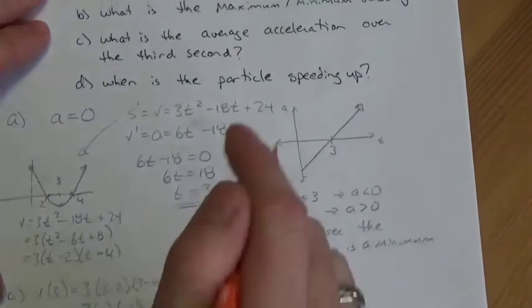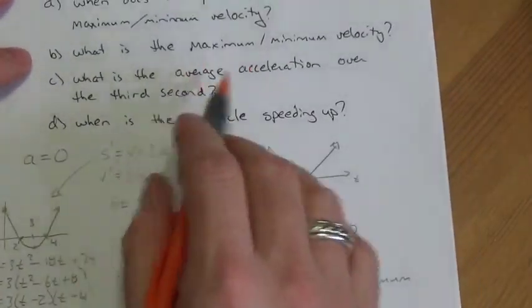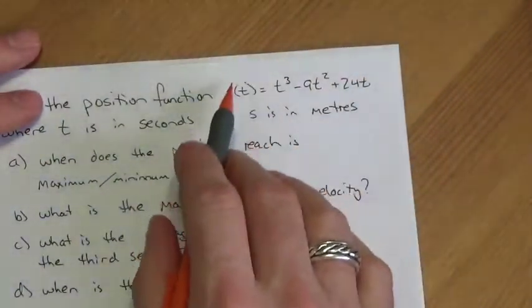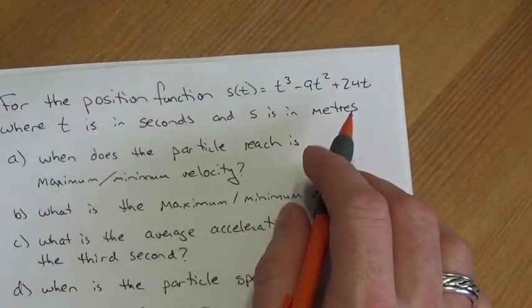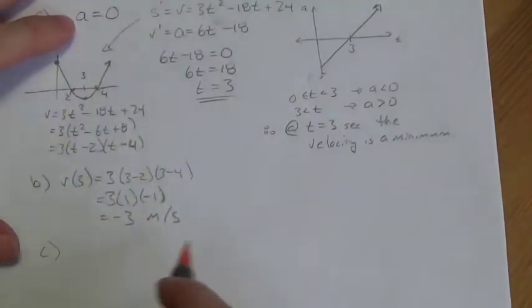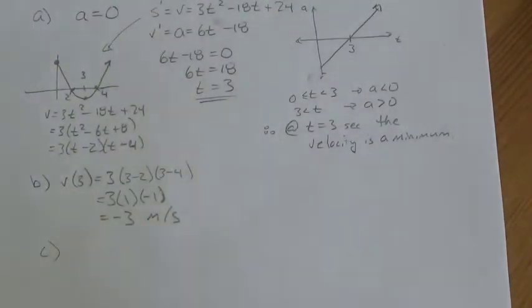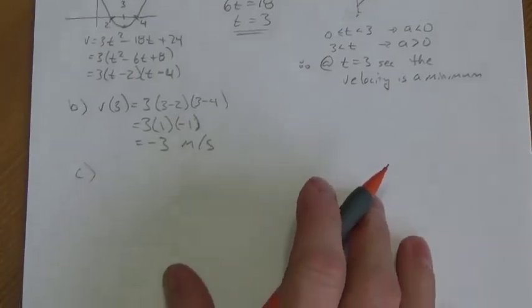It would be very easy, for example, when I ask you for the average acceleration, to go up here to my displacement function, go, okay, he's asking for acceleration, I'm going to take the derivative twice, and figure out what the acceleration is on either side of that third second and take it from there. But that's not the way this works.